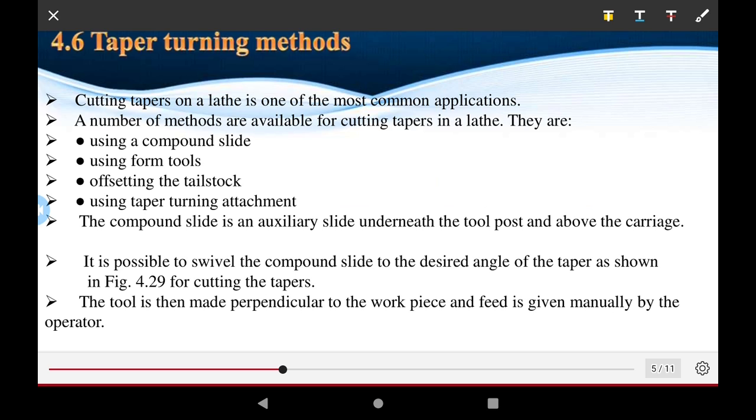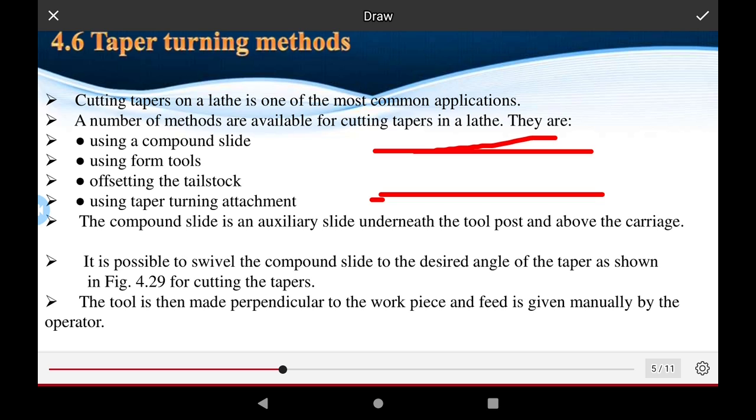Suppose we consider this job. It is selected for one-time feed, before the operation. The feed of the tool slide generates the cutting operation.